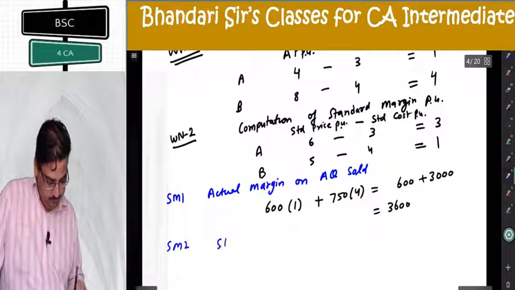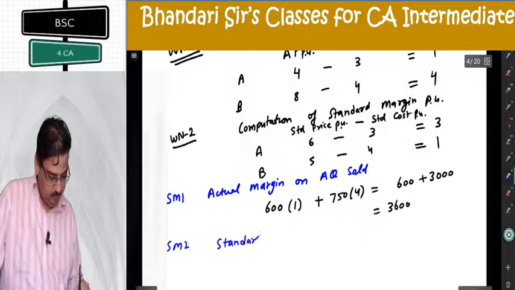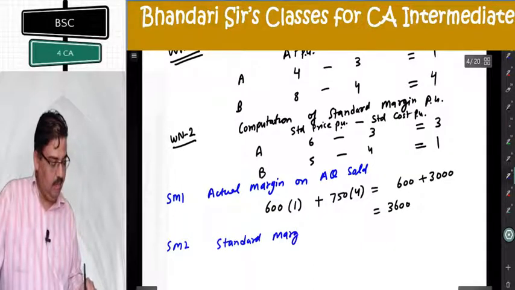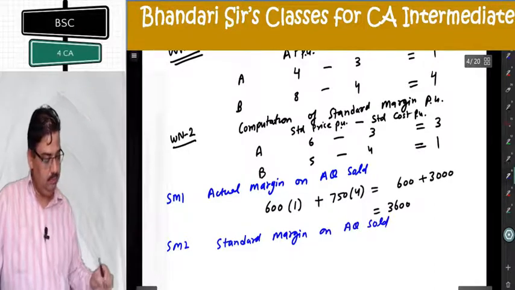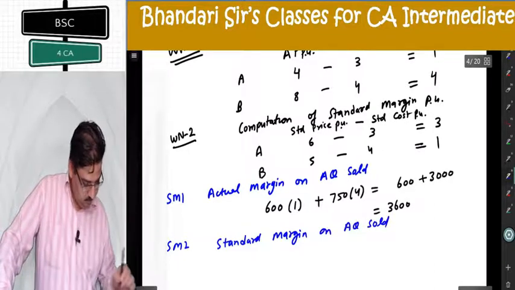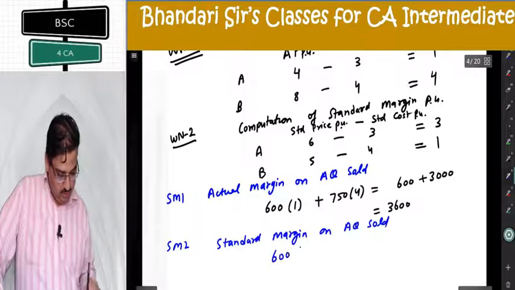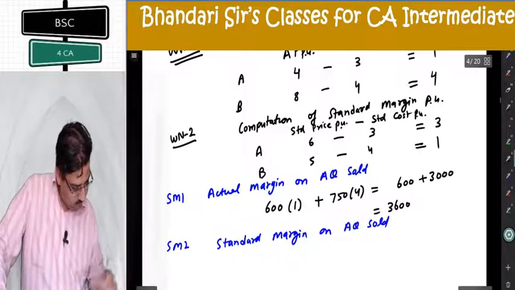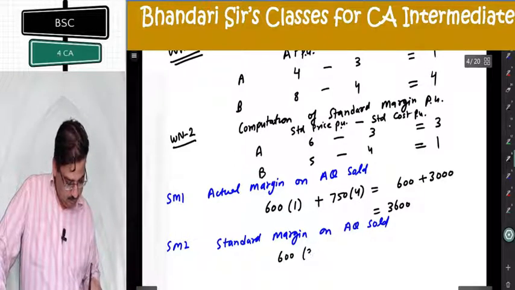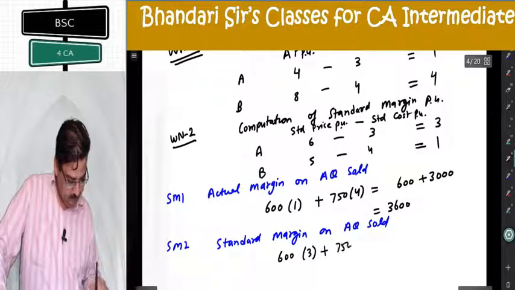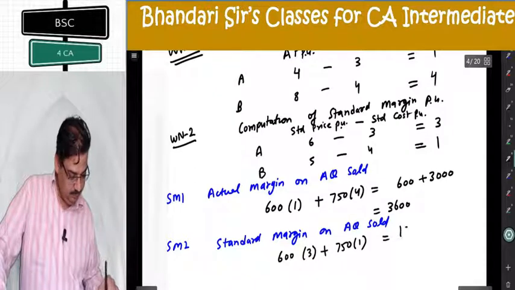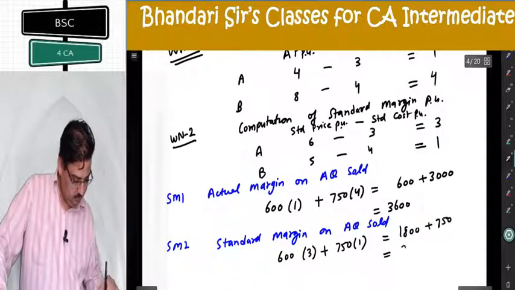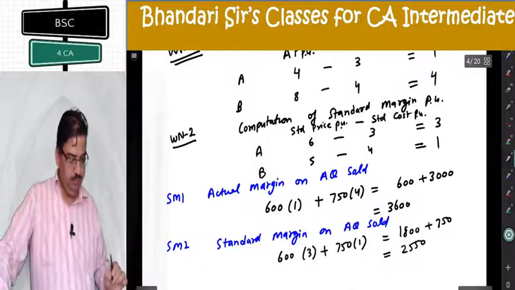SM2, standard margin on actual quantity sold. 600 into 3, 750 into 1. 2550.